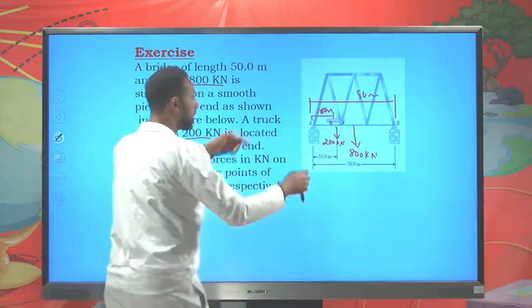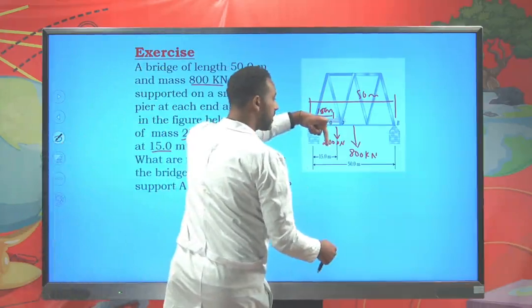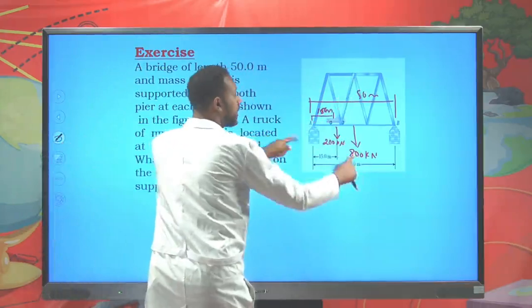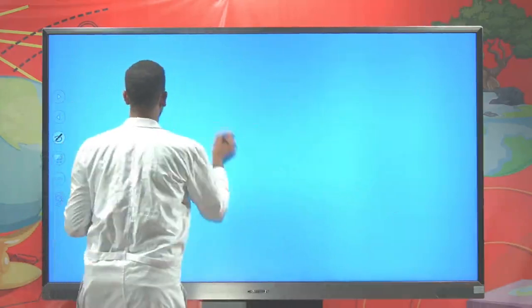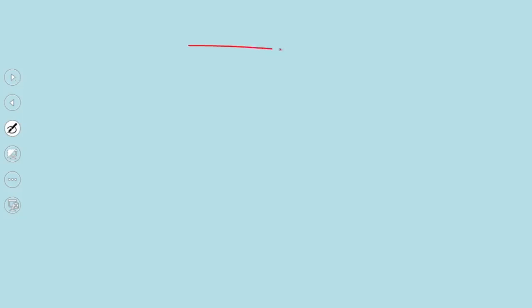The force components are the force due to the truck, the force due to the bridge itself, and there are two supports here. Therefore, you should draw the free body diagram like this. Here you have the bridge, here you have the reaction force on support A, call it RA, and there will be a reaction force on support B. There is also a force acting downward, the weight of the truck.